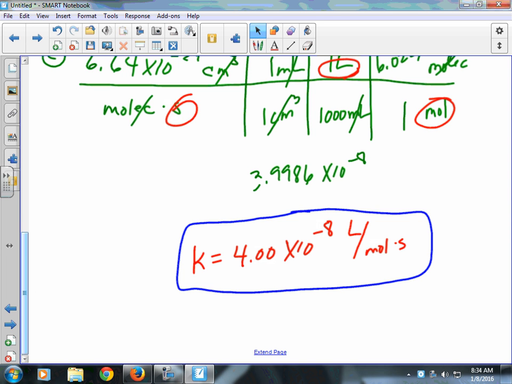They're saying, if you've got concentrations given in moles per liter, what would be your rate constant? Rate constant will always include a time unit. It may not always include a concentration unit. You'll see that with integrated rate law, but it will always have a time unit. Anything else?